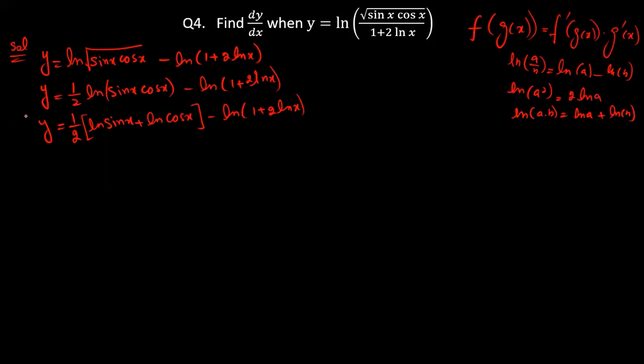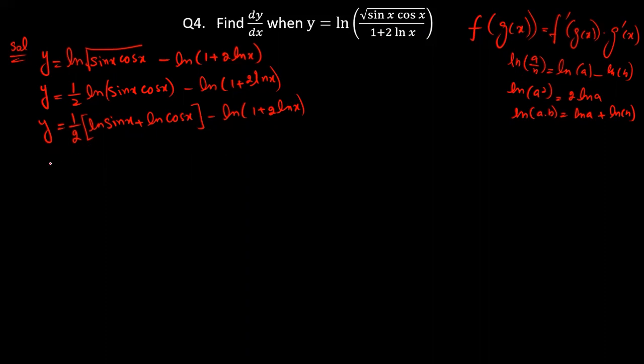These properties make our function easier. You can also apply the derivative directly on the original function, but it becomes more difficult. So now y is equal to this function, which is equivalent to the original.